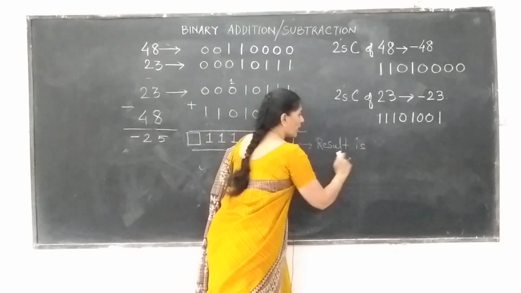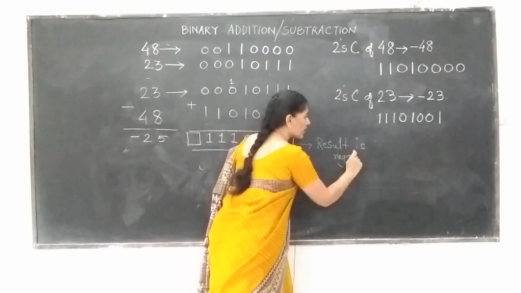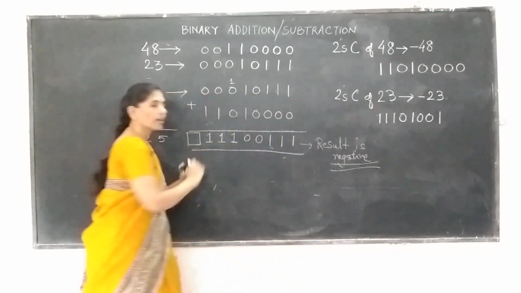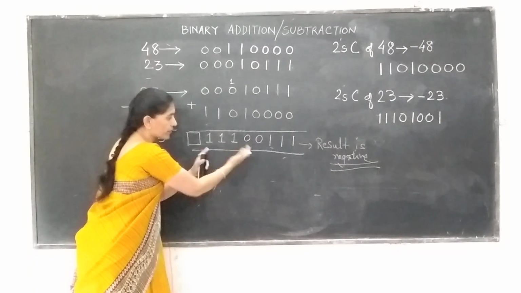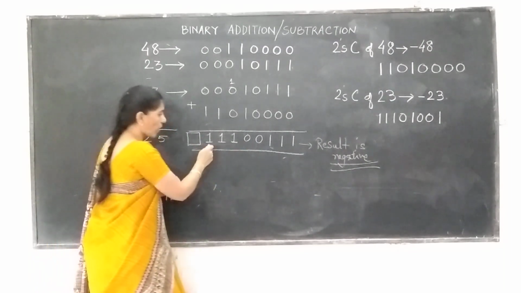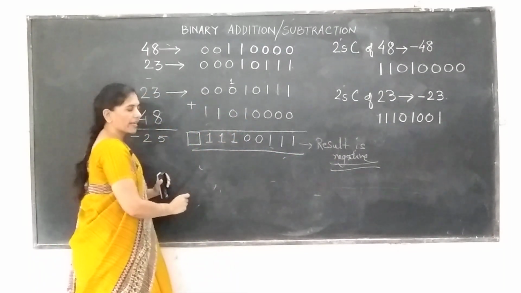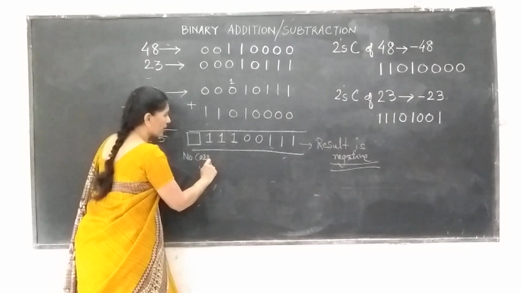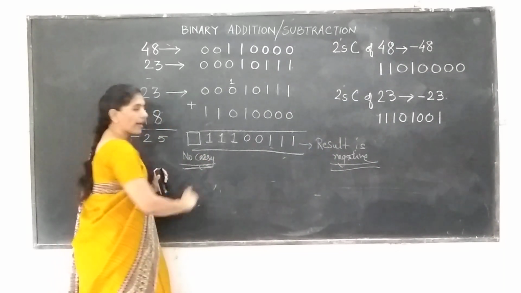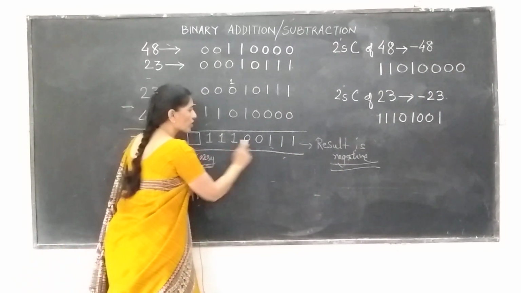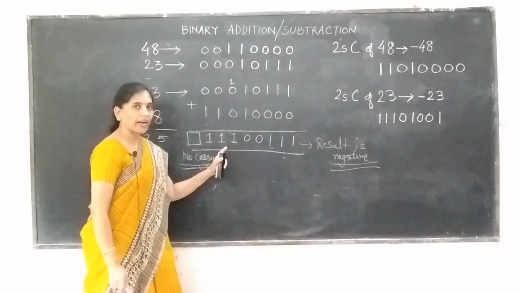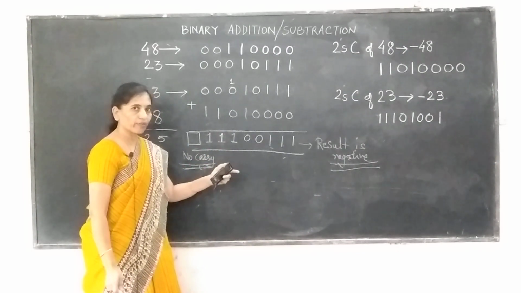And to obtain the value of this answer, because this result is to be treated as negative, the carry is not generated, so no carry. If this is the condition and no carry is generated, then this result is a negative result, and this result is again in the 2's complement form.